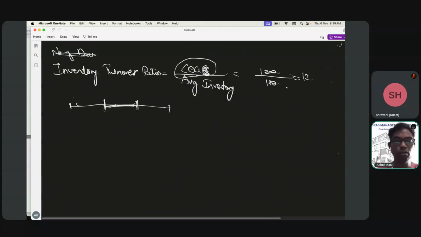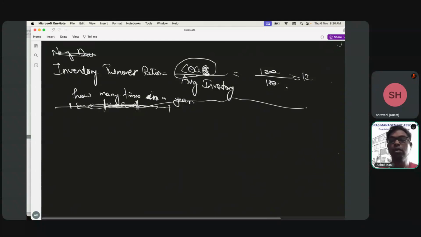So this is telling you how many times in a year. So how many times in a year you are going to the market and bringing inventory? So 12 times you are doing. Now, if I want to know after every how many days I'm buying, so this is telling you how many times in a year.